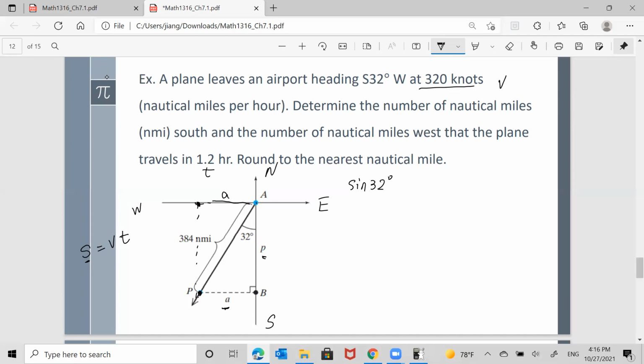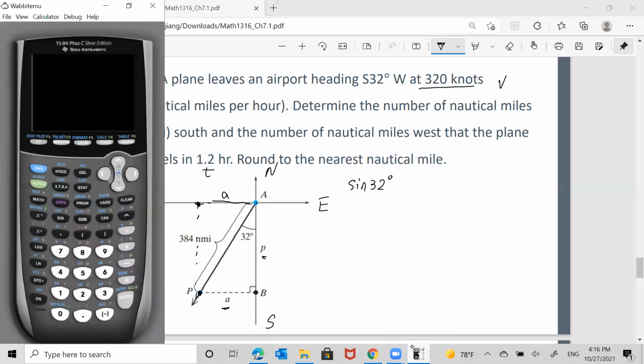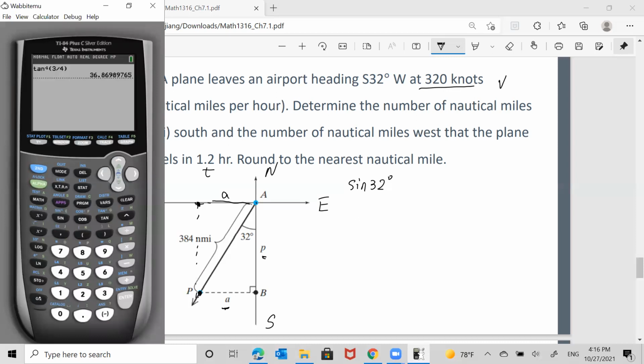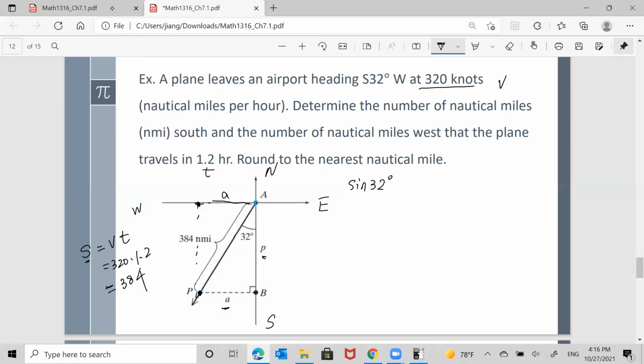It gives us the speed is 320 and the time is 1.2 hours. So by the calculator, we can find the distance from A to P is 384. You can use a calculator to test. 320 times 1.2. Yeah, that's 384.